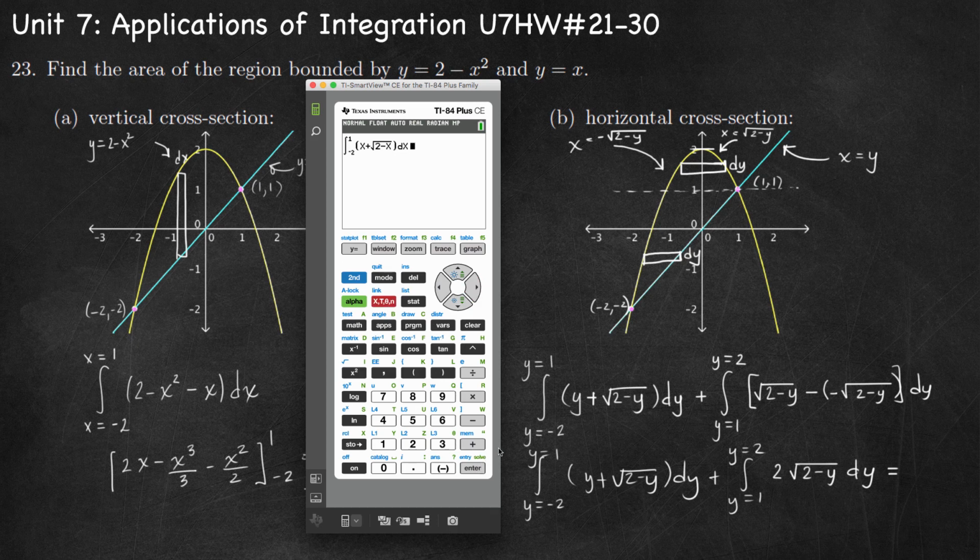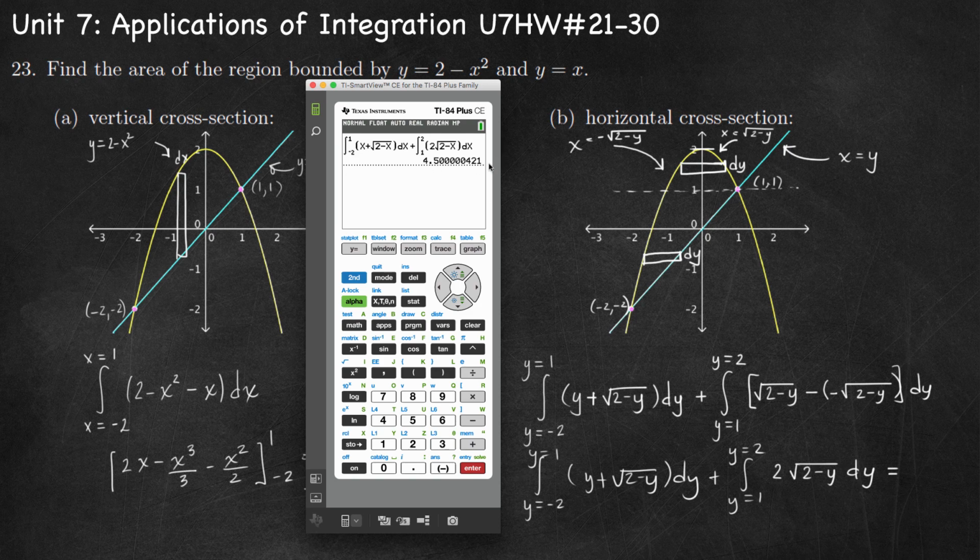So we've got that. Plus, and math 9 again for my next integral. This one is going from 1 to 2. And we're integrating 2 times the square root of 2 minus y with respect to y. And we get 4.5.